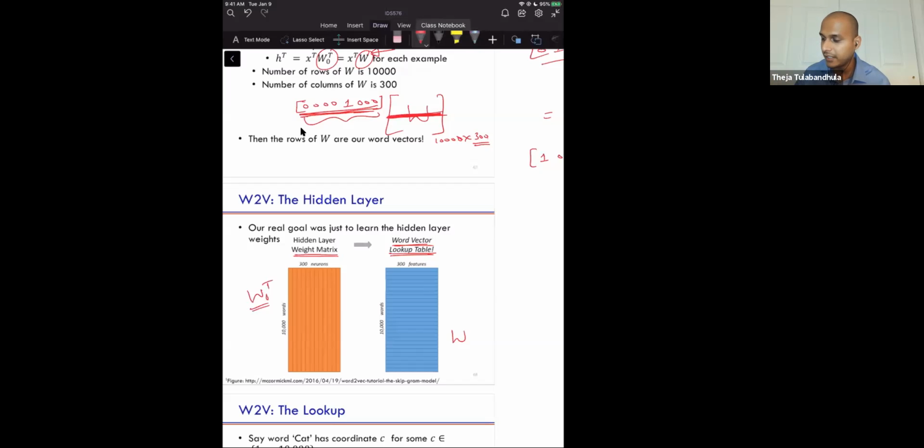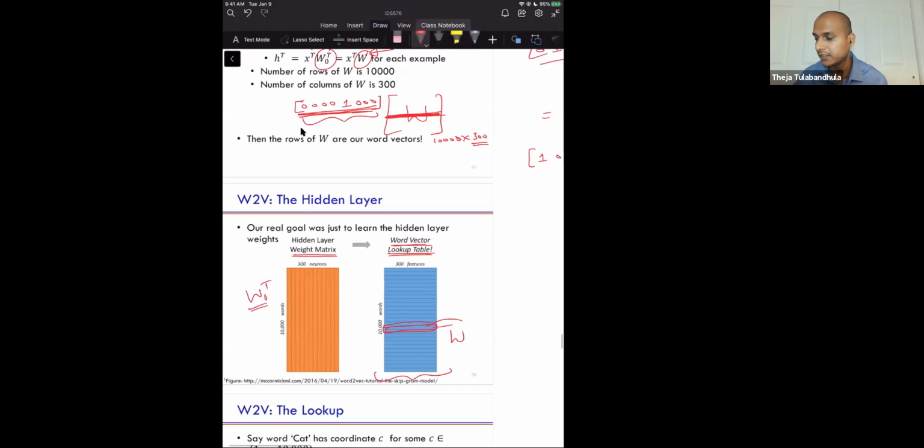But instead of that, we'll think of this matrix. And for this matrix, you really don't have to do any matrix multiplication. If I have ants, I'll just look at the ants row and pick up that vector and move forward. Move forward means that pick up that row, and that's going to be my hidden vector. That hidden vector is then multiplied with another matrix to get to my scores, right? Remember, we had a 10,000 dimensional scores vector for this classification task.